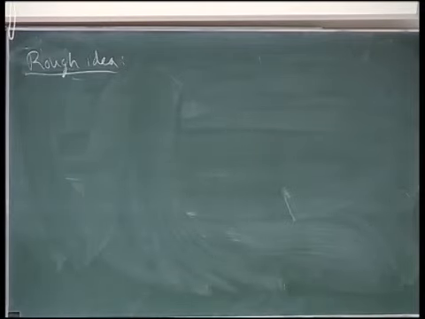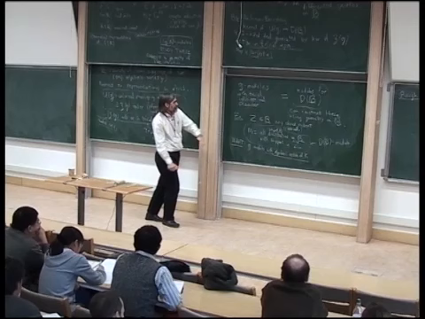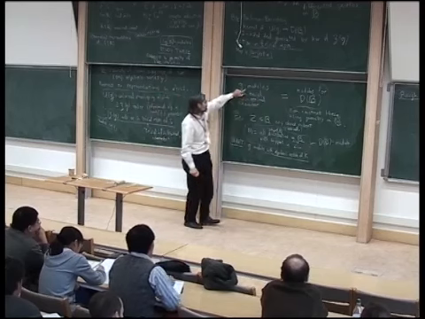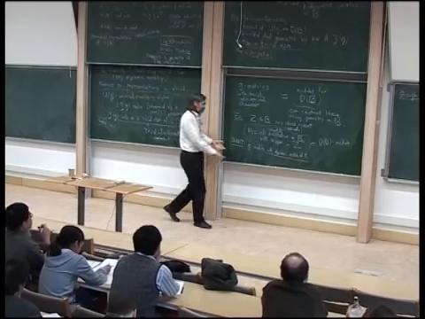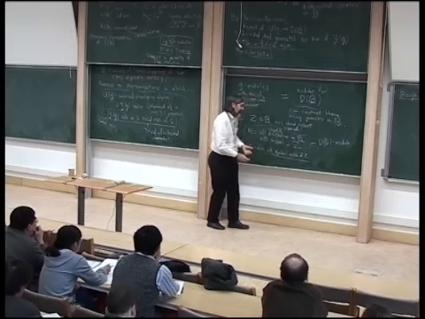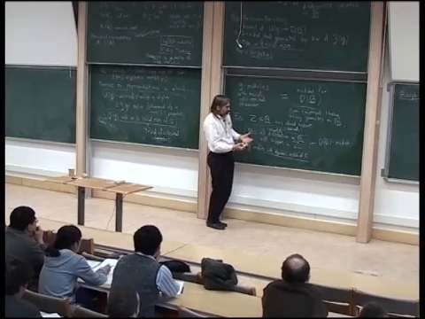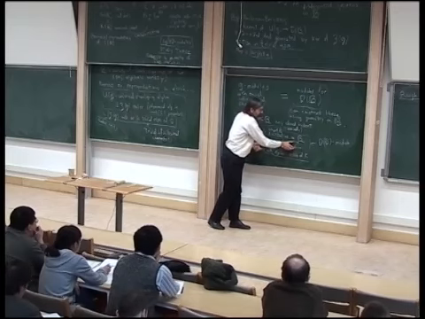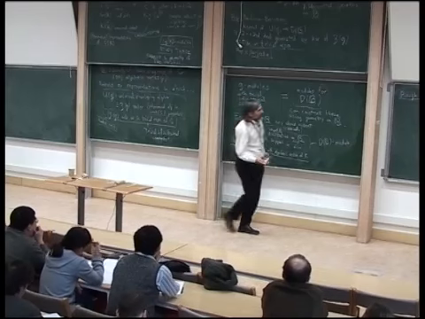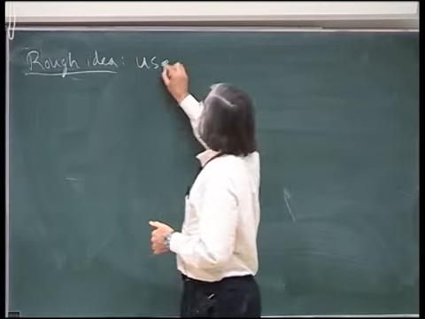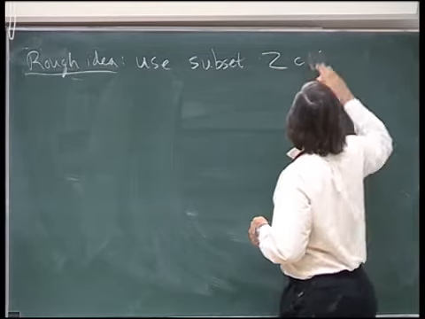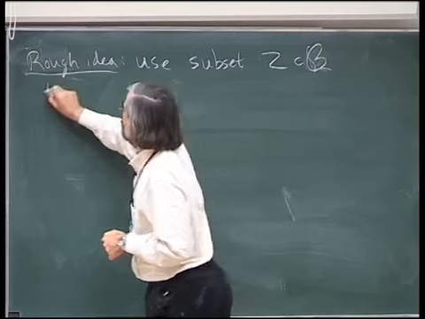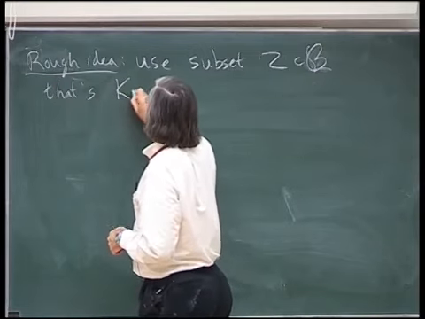This is a way to get sort of random modules for these differential operators. So G modules with a certain infinitesimal character. If we also want to have an action of K, what we should do is use the action of K on B. So the rough idea is to use a subset Z inside B that's K stable.